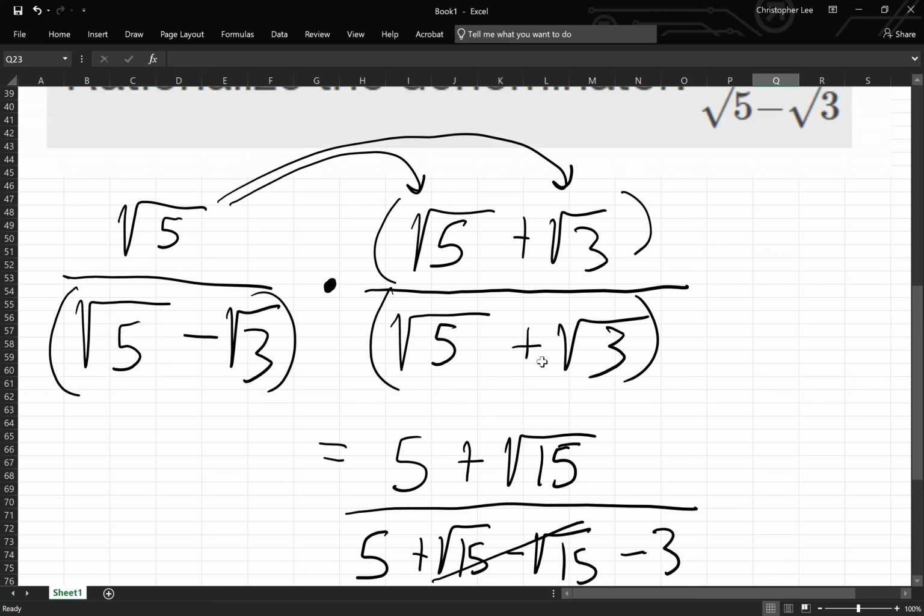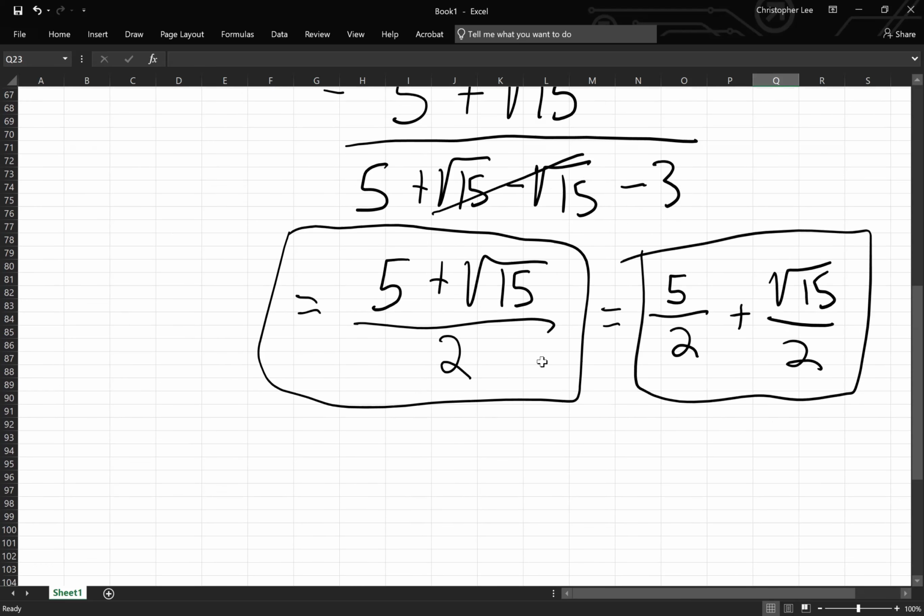And then I combine. The reason why I have to multiply it by the conjugate is because I want to get rid of the radical in the denominator. But I'm not allowed to have radicals in my denominator. In this case, you switch the sign from minus to addition.